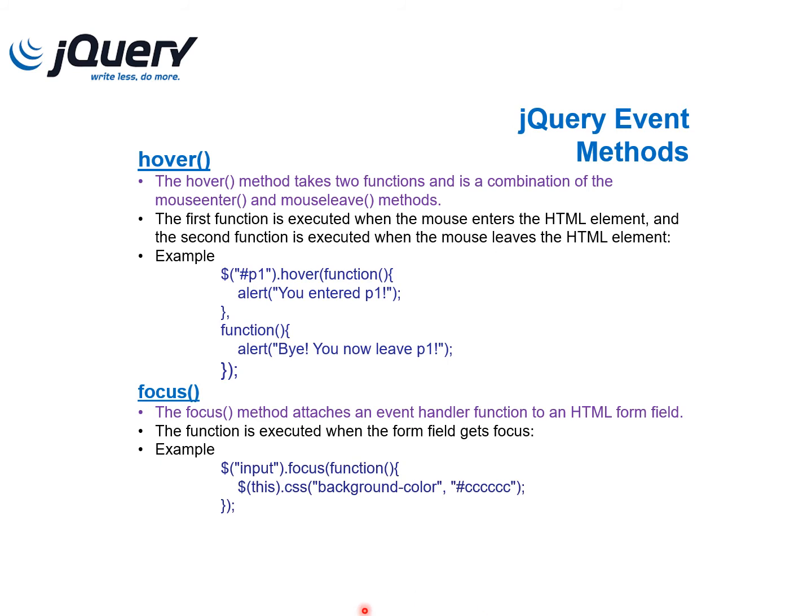So if we have a form on an HTML web page, and focus is on any of the input components, then that input component's background color is changed to this hexadecimal value #CCCCCC. It is a valid combination of RGB color. So if a particular form input element gains focus, this code will work.